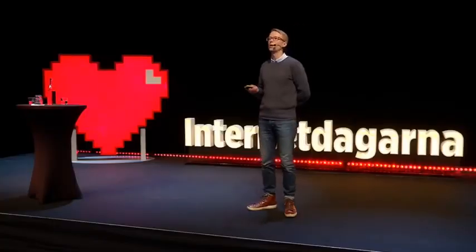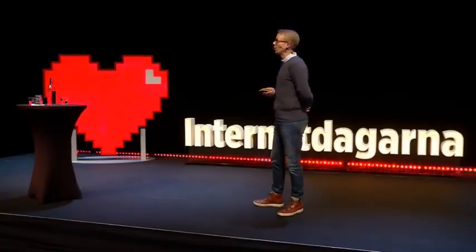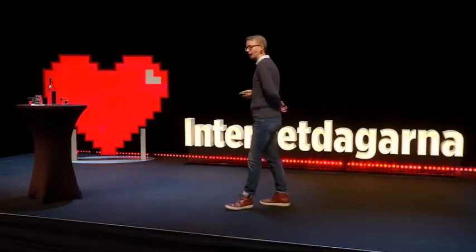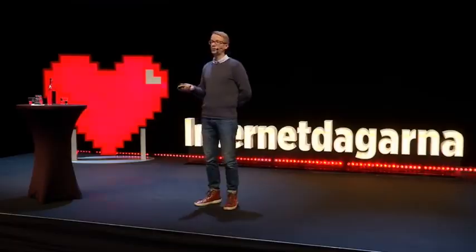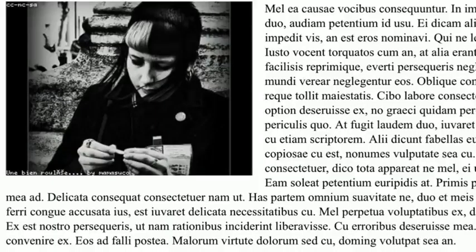Floats were the best thing we had at the time, but they weren't designed for full-page layout. They were designed for floating an image next to some text, and that's pretty much all they were meant to do.